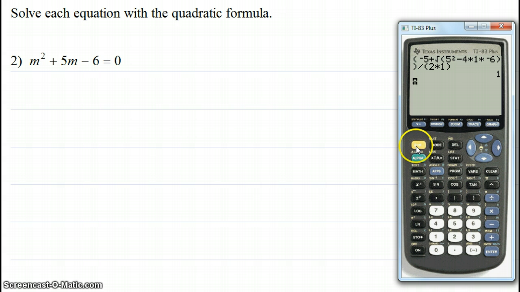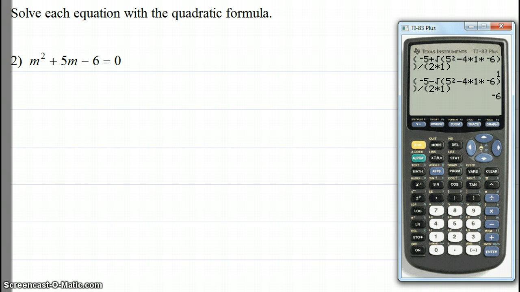And then when I hit second enter again, this time I'll do my quadratic formula, but instead of minus b plus, we'll do a minus b minus. And the other answer should be a -6. Now that might seem a little nice, okay? Let's remember, so again, our answers are a 1 and a -6.